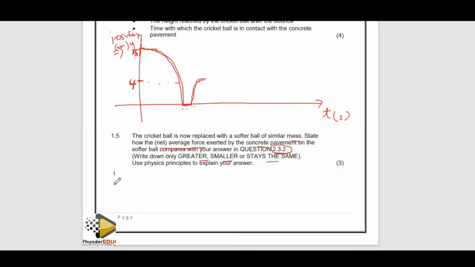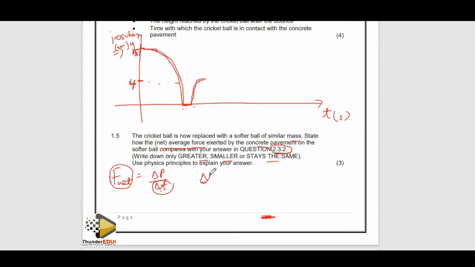One thing we need to know is that from F net being delta P over delta T, the change in momentum, this net force is inversely proportional to the time. If we are dealing with a soft ball, it is going to take more time on the pavement floor. In other words, the reaction time is going to increase. When the reaction time increases, the net force decreases.